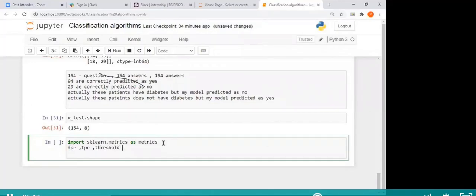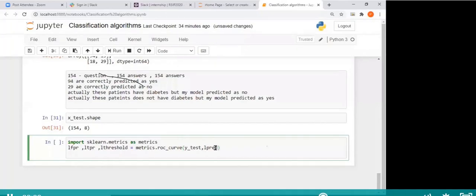LFPR, LTPR, L_threshold is equal to metrics.roc_curve of y_test, comma, L_pred.